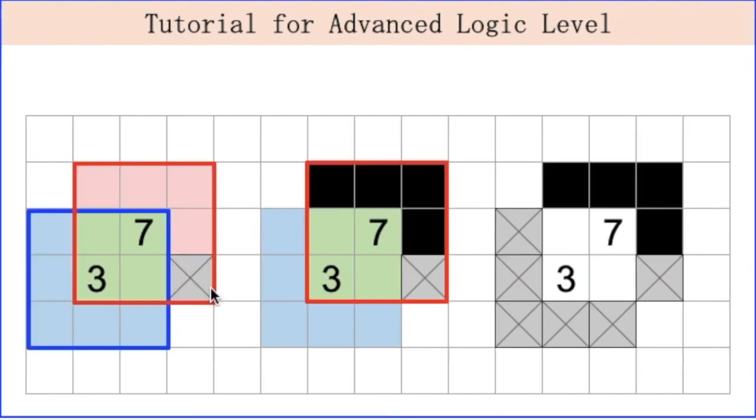Here we looked at 5 and 2 and 3 and 7. There's something very similar. When else do we apply this concept of using all the black spaces surrounding the larger number and all the gray spaces surrounding the smaller number? When do we apply this?